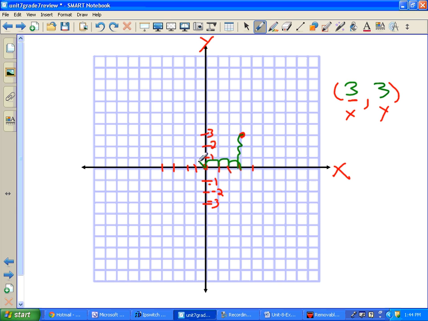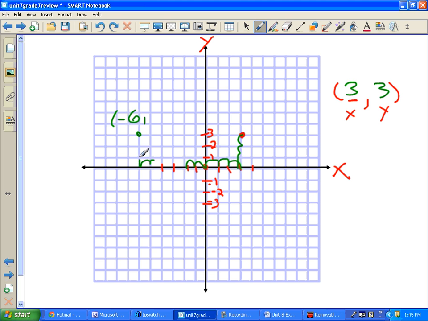Now if we go in this direction, let's say I put a dot right here. Let's see where we're going on the x-axis. So that's negative 1, negative 2, negative 3, negative 4, negative 5, negative 6. So if I were to label this point, it would be negative 6 on the x-axis. Then let's see how far we're going up or down.